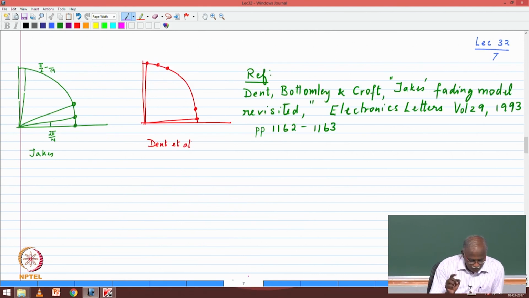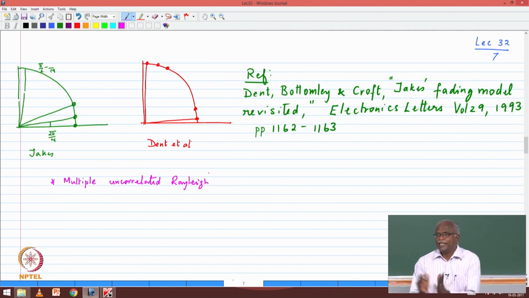A quick observation: very often we want to generate multiple uncorrelated Rayleigh fading waveforms, or multiple uncorrelated Rayleigh fading coefficients. And we will see today in a few minutes why these multiple Rayleigh coefficients are being generated.